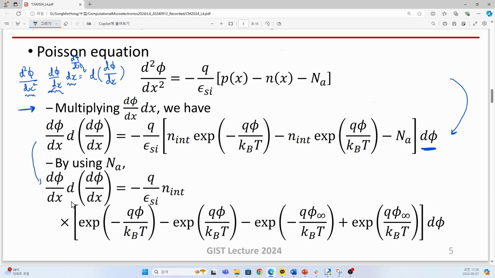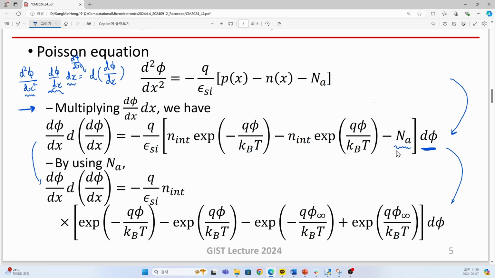Here, left hand side term is just kept as before, and from here to there, we wanted to eliminate this NA variable because NA is just a constant, so it is not that good for integration.